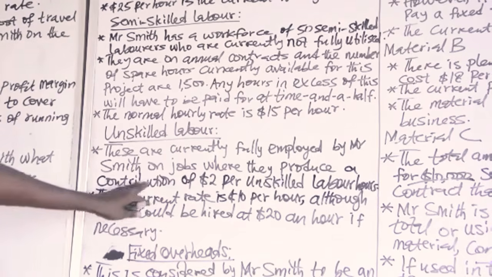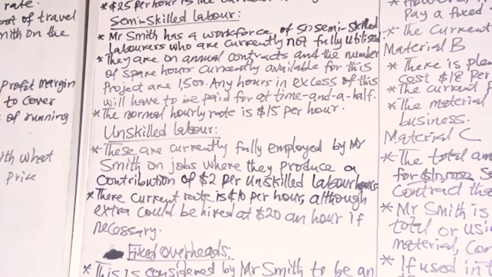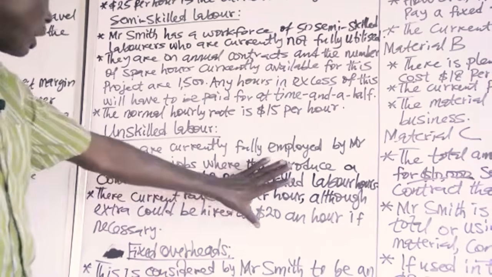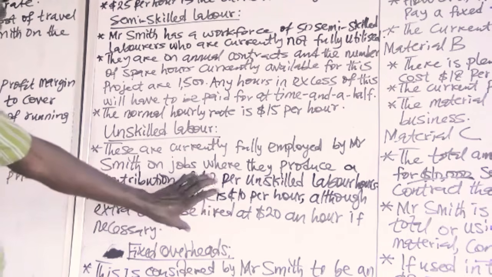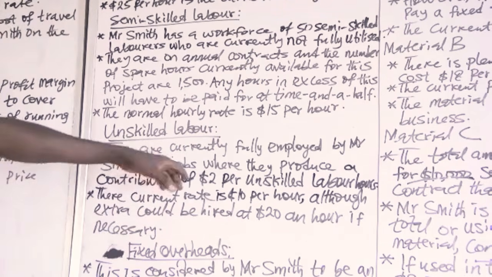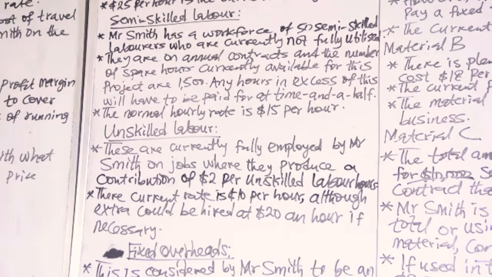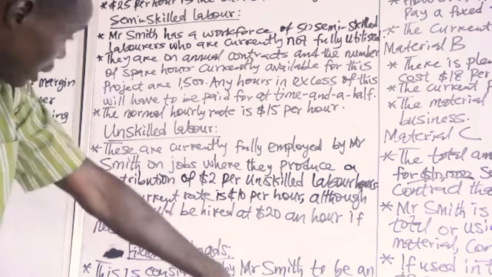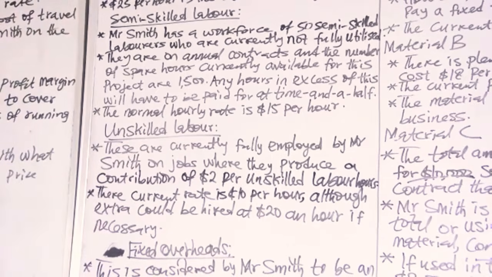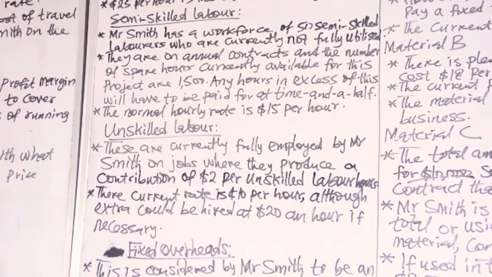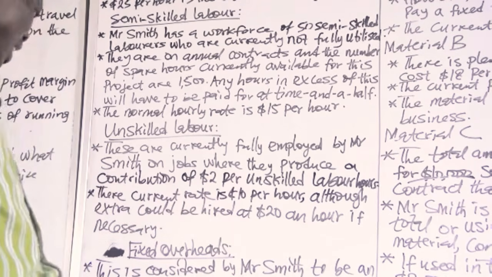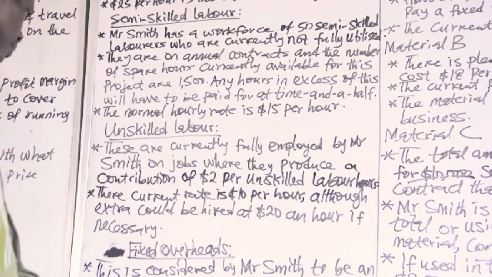Now, with this unskilled labor, if you make use of the ones employed, then the work they ought to have carried out elsewhere will not be done. So you may want to consider employing other people to work on this contract. Since you have two options there, that is opportunity cost. But this $20 for extra is too expensive.